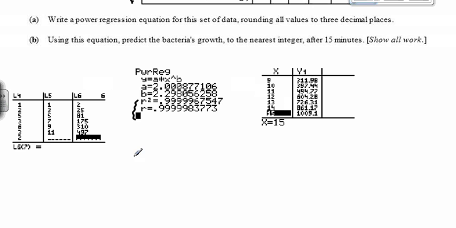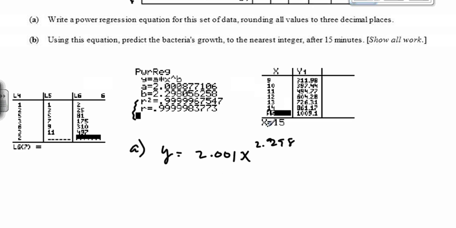So, part A, you end up with y equals 2.001 x to the value of 2.298.